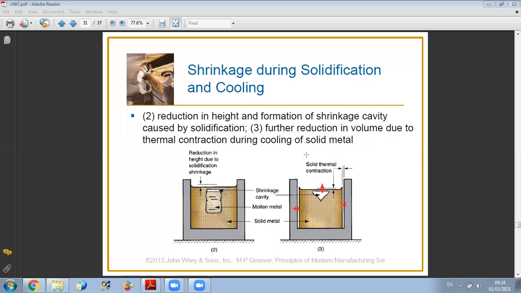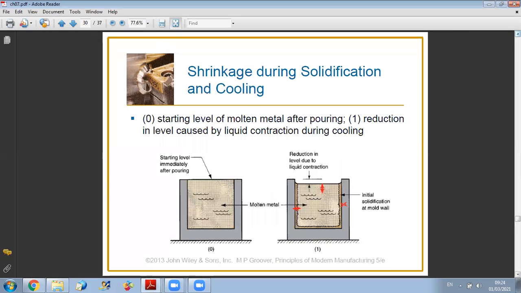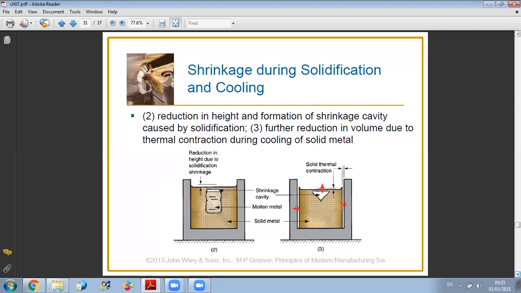It is a contraction in the solid state, while for the first shrinkage phase, it was a reduction in liquid level. So we name them liquid contraction and solid contraction. The liquid contraction is shrinkage during the liquid phase, while the thermal contraction is called solid thermal contraction. It is due to shrinkage of the solid phase.